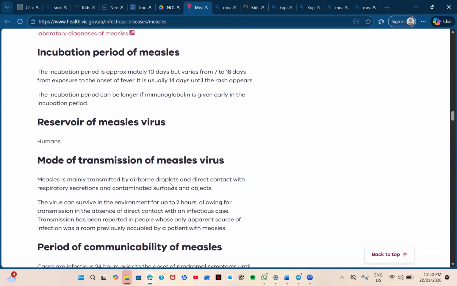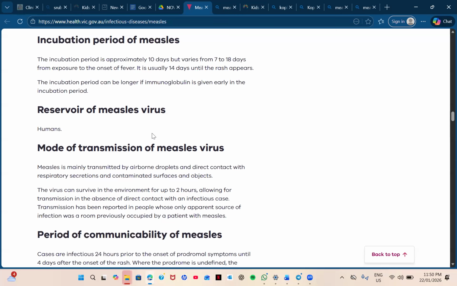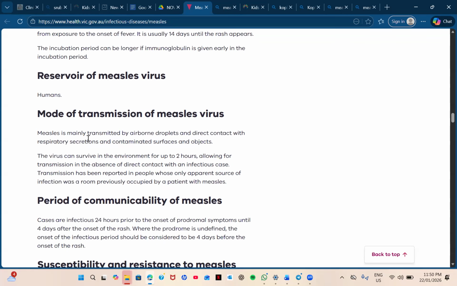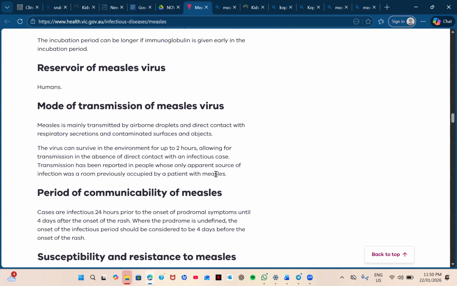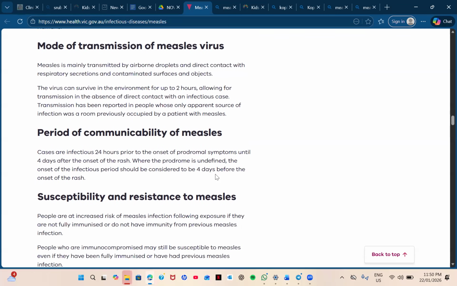Then what is the incubation period for measles? It is approximately 10 days, but varies from 7 to 18 days. Remember. Measles transmission: how is it transmitted? Airborne. The virus can survive in the environment for up to 2 hours, allowing transmission in the absence of direct contact with infectious cases.